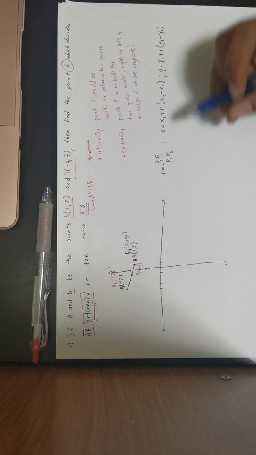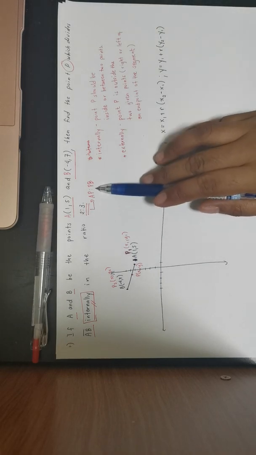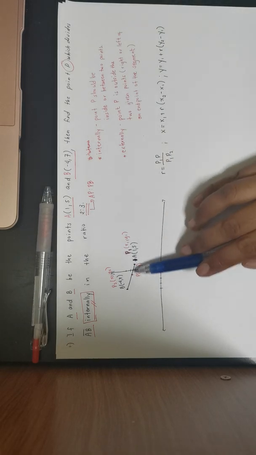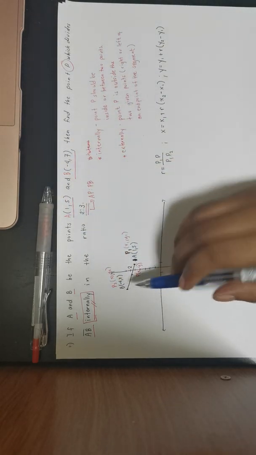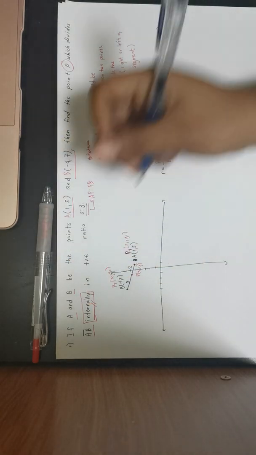So 2 is to 3, AP is to PB. AP serves as 2, and PB serves as 3.